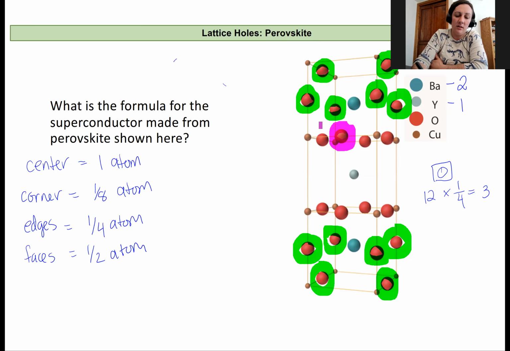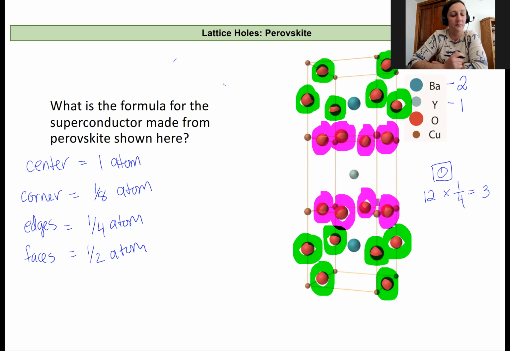And I've got 1, 2, 3, and 4 here on the top, and then 1, 2, 3, and 4 on the bottom. That's going to give me a total of 8 atoms that are on a face, which is going to give me half an atom each for a total of 4. So I'm going to add these together. I'm going to have 7 atoms of oxygen in this structure.